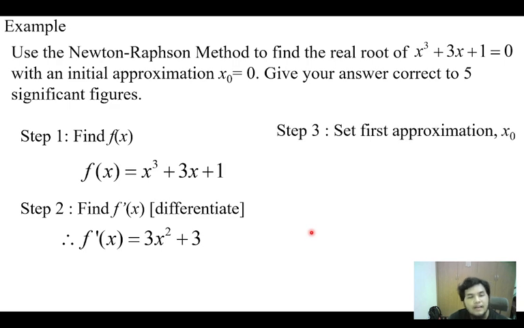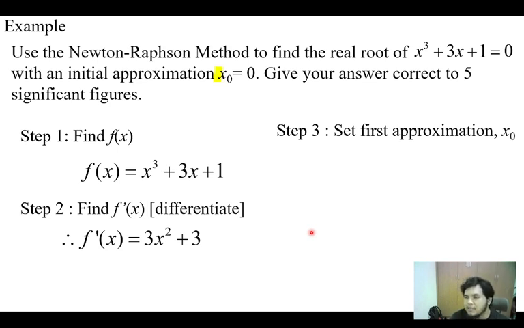Done. Moving on, step number 3, we need to set the approximation. If the question does not give you the value of first approximation, you can use any numbers that lie between the range. Unless they give you the initial approximation, then you need to use the value that it gives in the question.